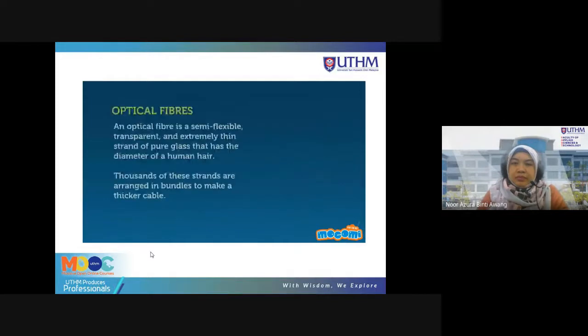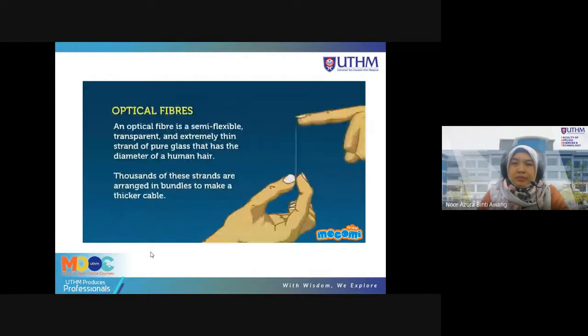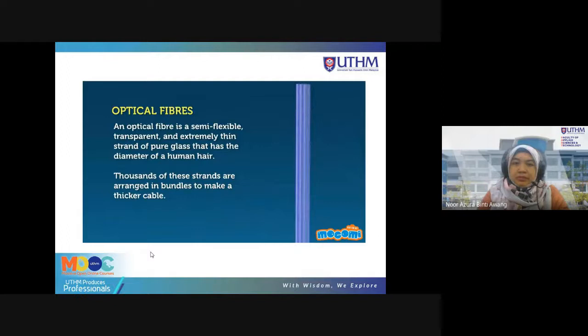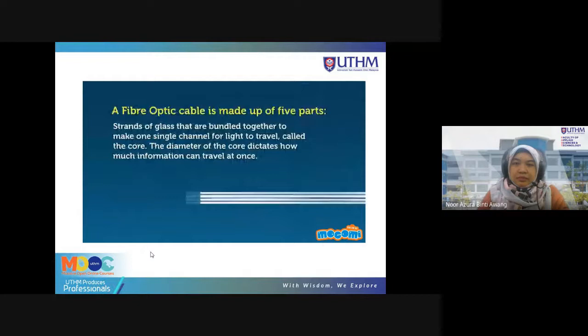Optical fibers. An optical fiber is a semi-flexible, transparent, and extremely thin strand of pure glass that has the diameter of a human hair. Thousands of these strands are arranged in bundles to make a thicker cable. A fiber optic cable is made up of five parts.